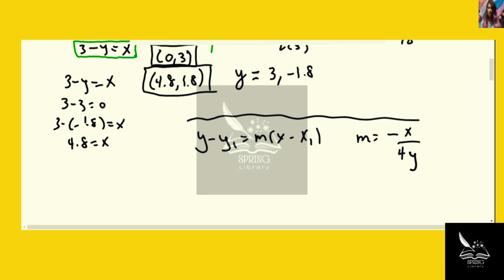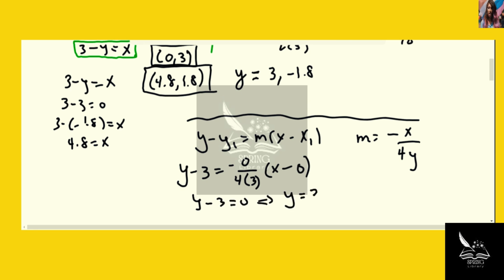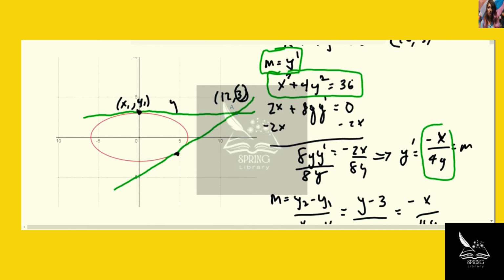So if we use (0, 3), we have y minus 3 equals negative 0 over 4 times 3 times x minus 0. This whole side becomes 0, so we just get y minus 3 equals 0, which gives us y equals 3. So that's the horizontal one that looked horizontal when we looked at the picture. This is y equals 3.